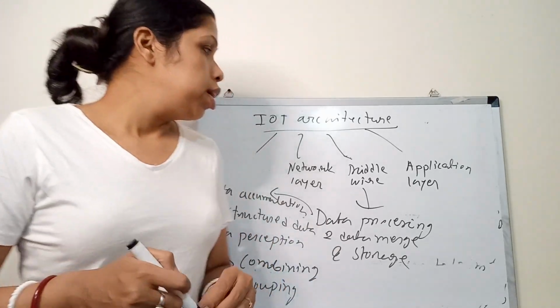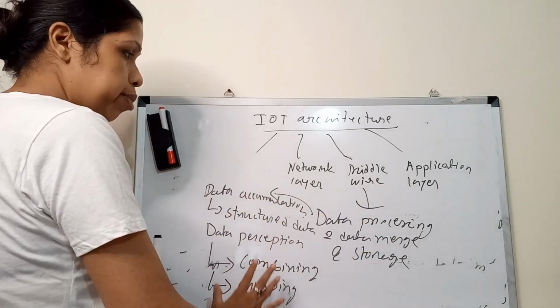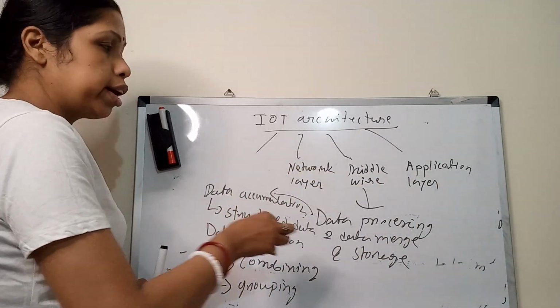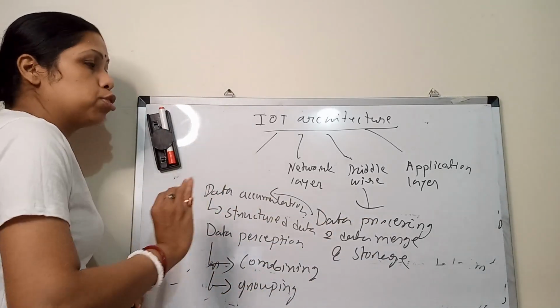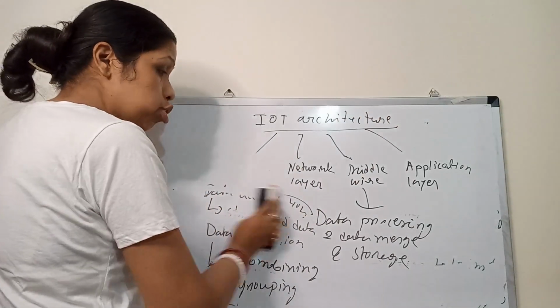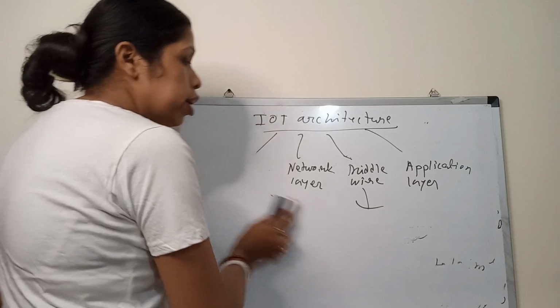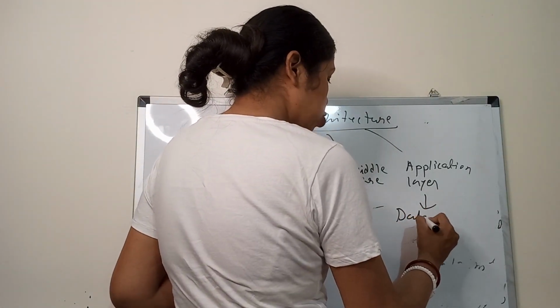Last is the application layer, and data processing can also be done in the middleware layer as well as the application layer. So some data processing can be done in the middleware layer along with the data merge and data storage, and some data processing can be done in the application layer based on the business requirement.